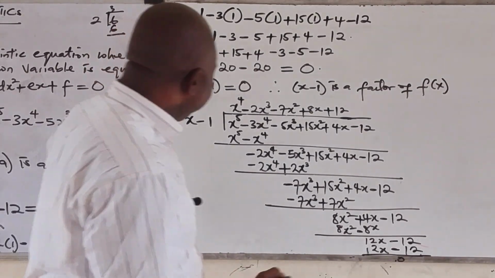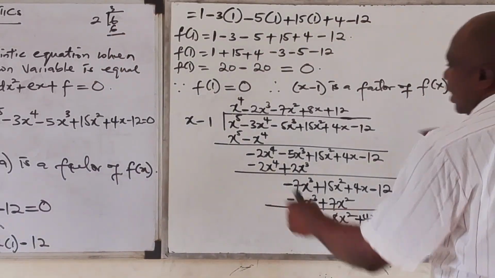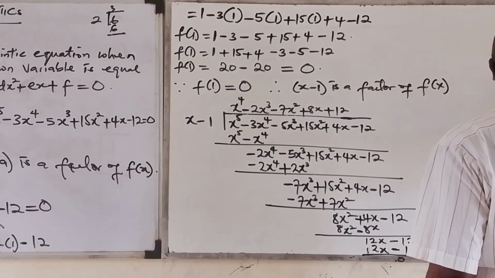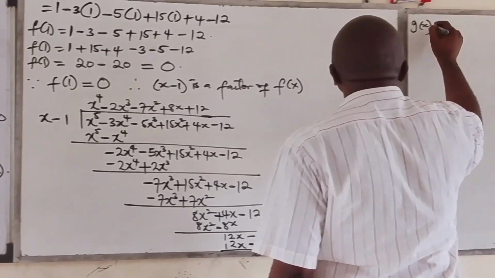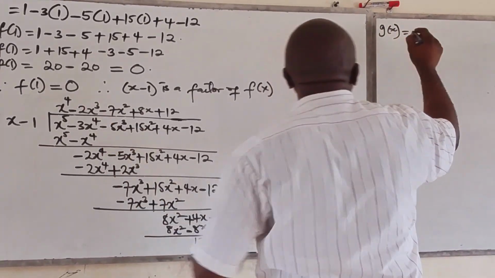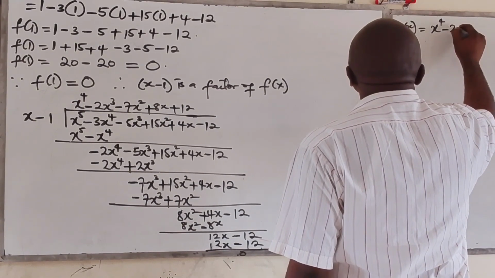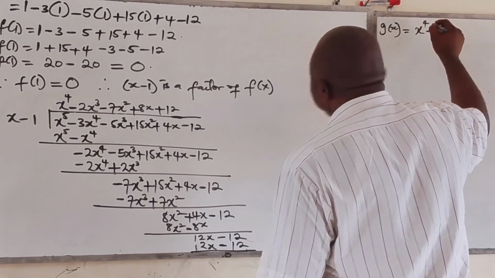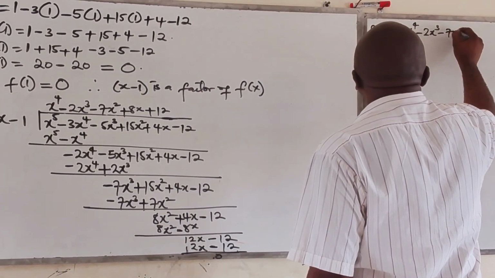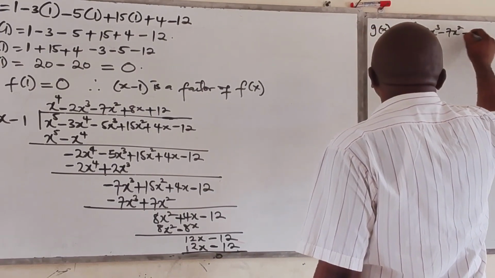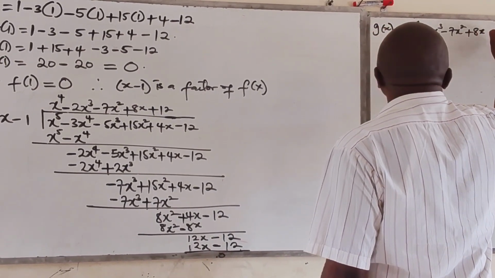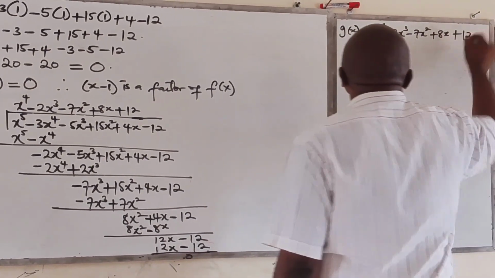So it therefore means that the quotient, now let's call it g of x, will be equal to x raised to the power of 4 minus 2x raised to the power of 3 minus 7x squared plus 8x plus 12.